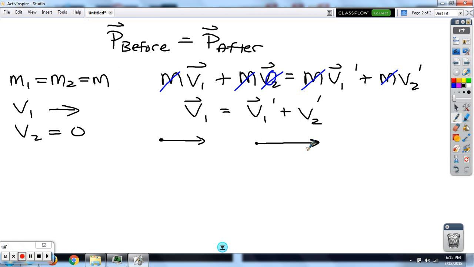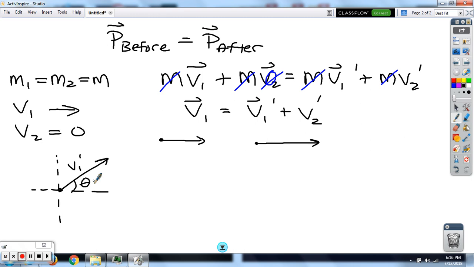But what we know to start is that after the collision, the first sphere moves off at a 60-degree angle. So after the collision, you have one of the objects, this is V1 prime, moves off at a 60-degree angle.